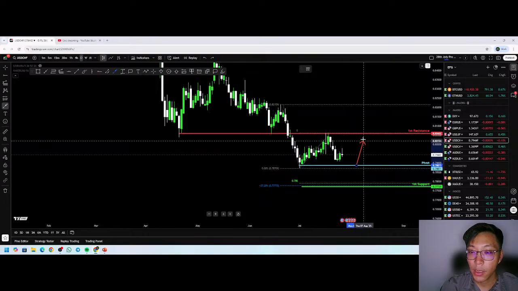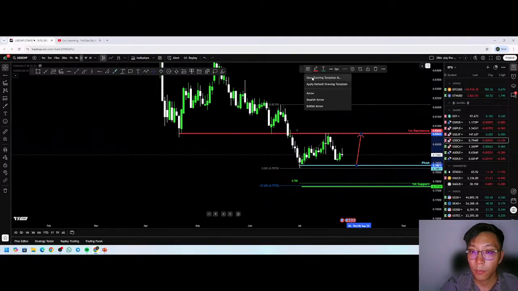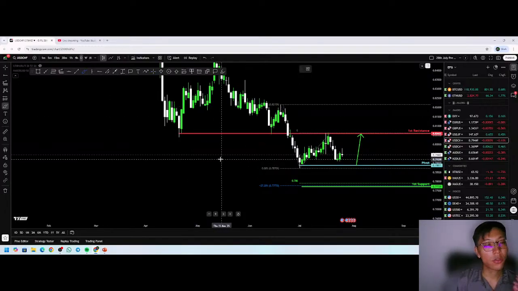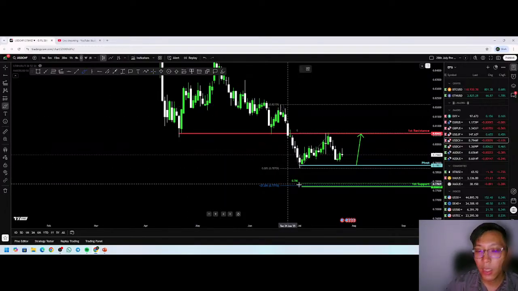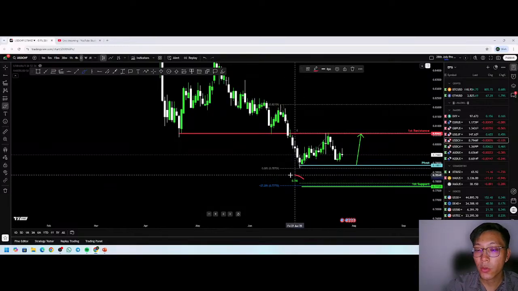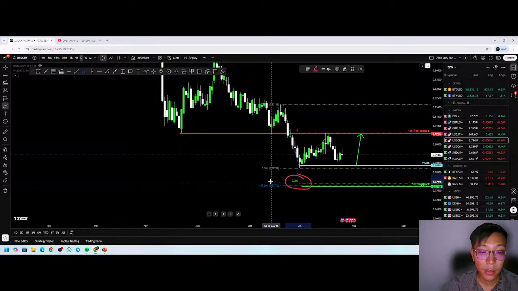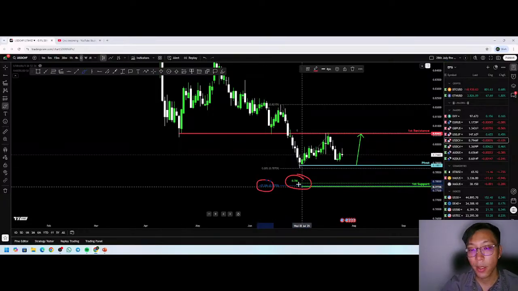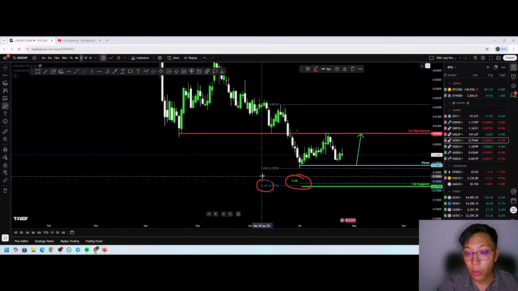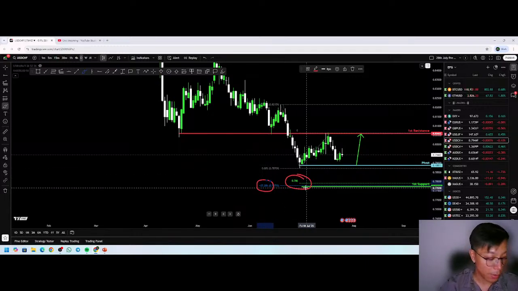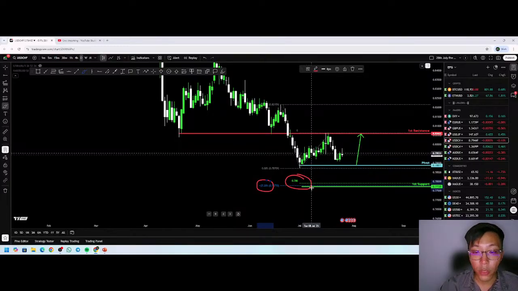Okay, I think it's pretty straightforward. This is a little bit tricky, not straightforward in a sense, but a little bit tricky, right? Because we also have a first support level right here that aligns with the negative 27.2% Fibo expansion level, as well as the 78.6% Fibo projection level.